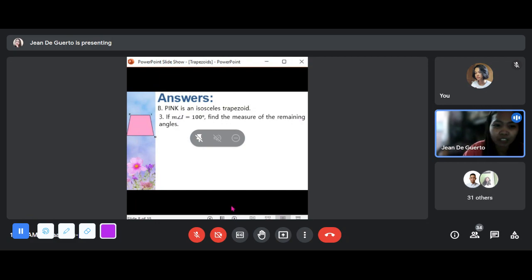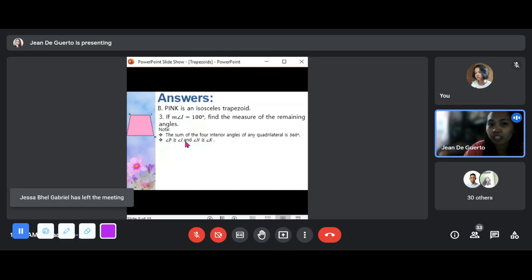Okay? Pero yung present dito, yung angle sum theorem. Okay? So note, the sum of the four interior angles of any quadrilateral is 360 degrees. Ayan. So kung yung part, ang kino-compare ninyo with each other, kailangan yung congruent symbol ang gagamitin.